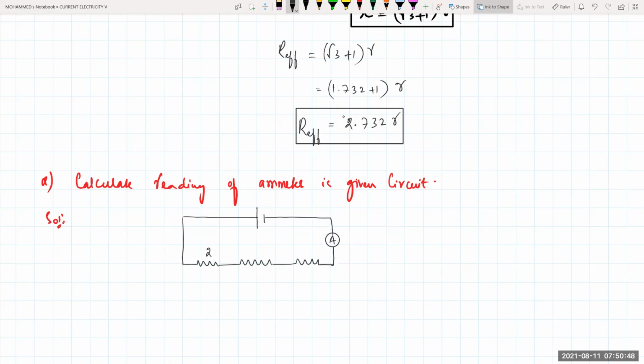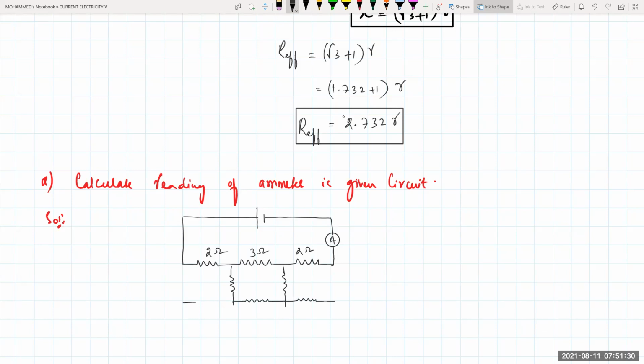Okay, this one is 2 ohms, this one is 2 ohms, this one is also 2 ohms. This one is 3 ohms. Here there is one more resistance, and in between there is one more resistance, and here one more resistance.